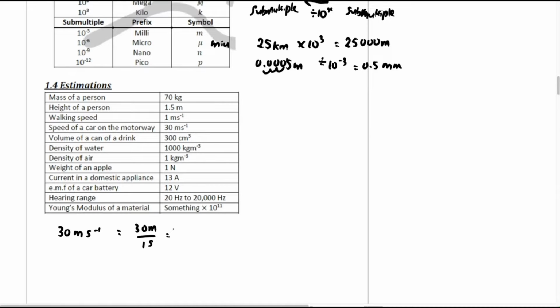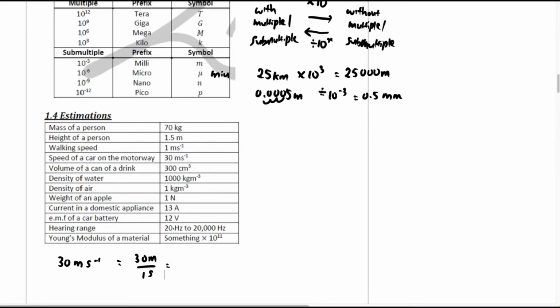For meter, you want to change to kilometer, so you need to add the multiple. To add the multiple, you divide. 30 divide by 10 to the power of 3 to change it to kilometer. And then for the second, you want to change it to hour, so 1 divide by 60, divide by 60 again, then you will change it to hour.